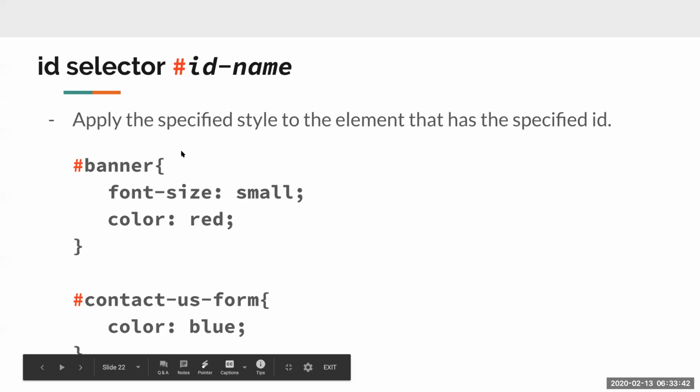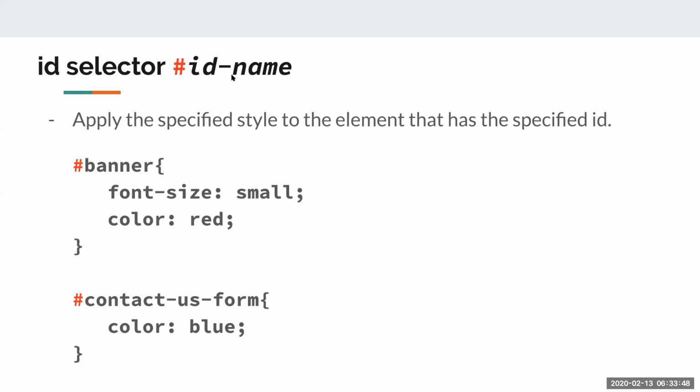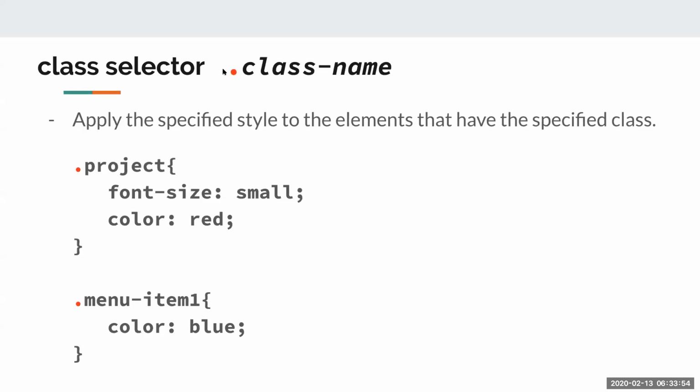So we looked at three different kinds of selector. Tag selector, which is basically you specify the tag name. ID selector, which is you use a hashtag and then the ID name. And then class selector, you use a dot and then the class name.